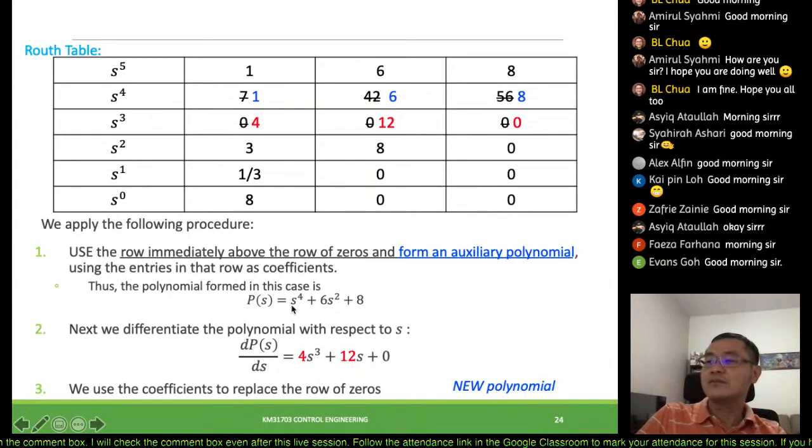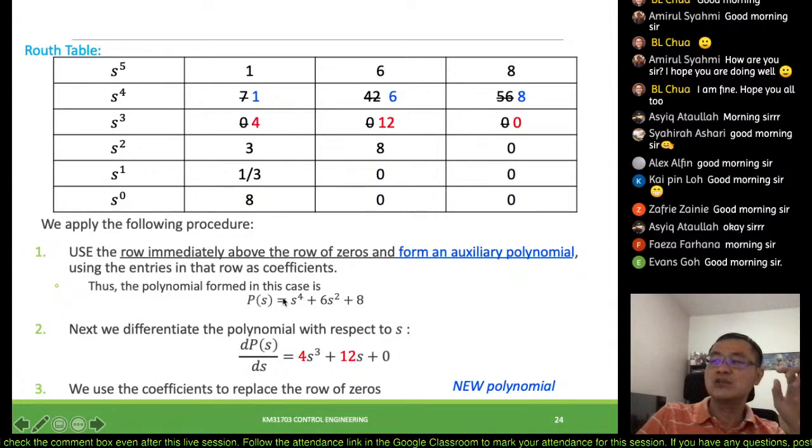So we have s power 4, then this is 6, which is the coefficient, and the order would be, remember, this is 4, then this is 3, and this is 2, so this would be S2, and this is 1, this is 0, S0 means 1, so 8.